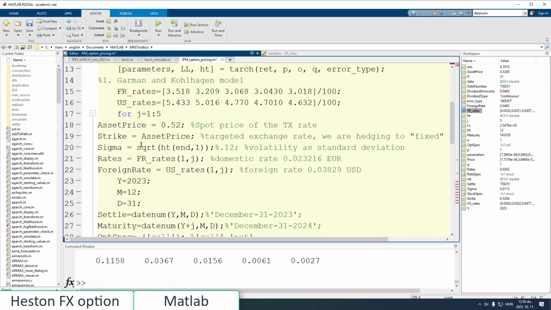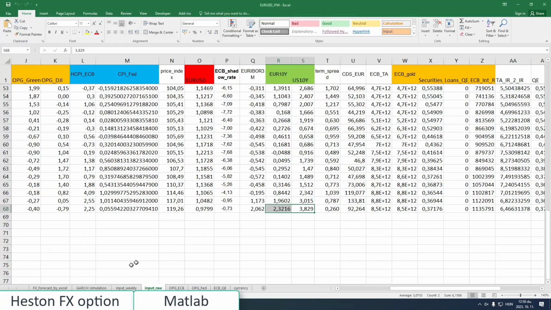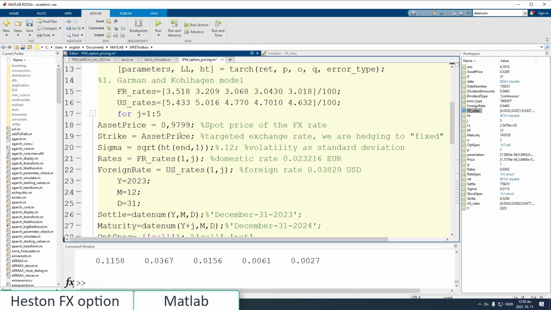This is the spot price. It's the FX rate, not TX rate, come on. What is the borrow point? I did not change this one, because that would be quite strange.